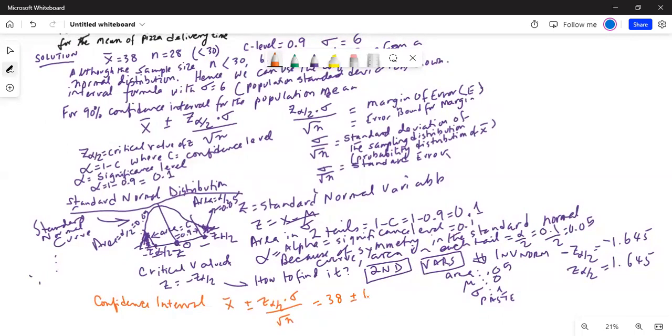Z alpha by 2 is 1.645 times sigma, which is 6, divided by square root of sample size 28. Remember, the sample size is less than 30, but the sample came from a normal population, so we can use this formula.